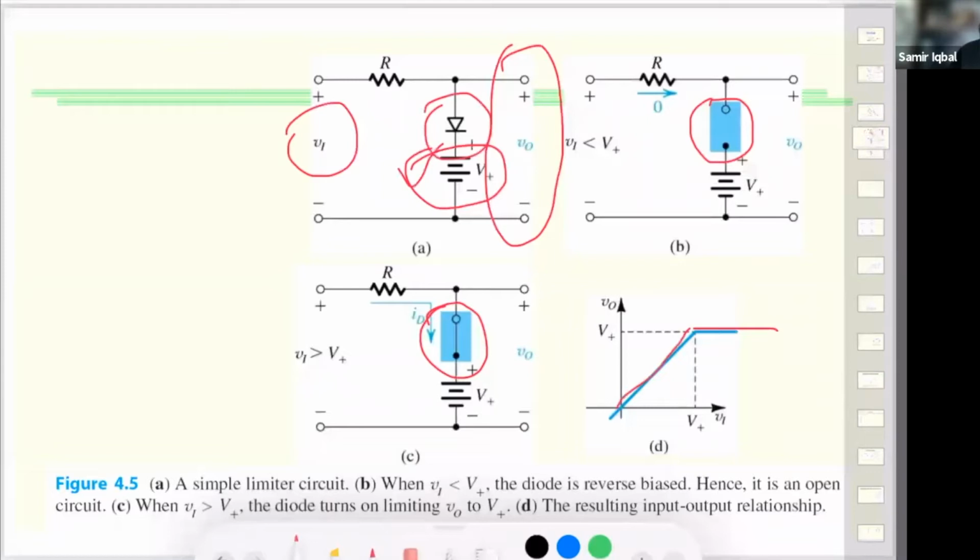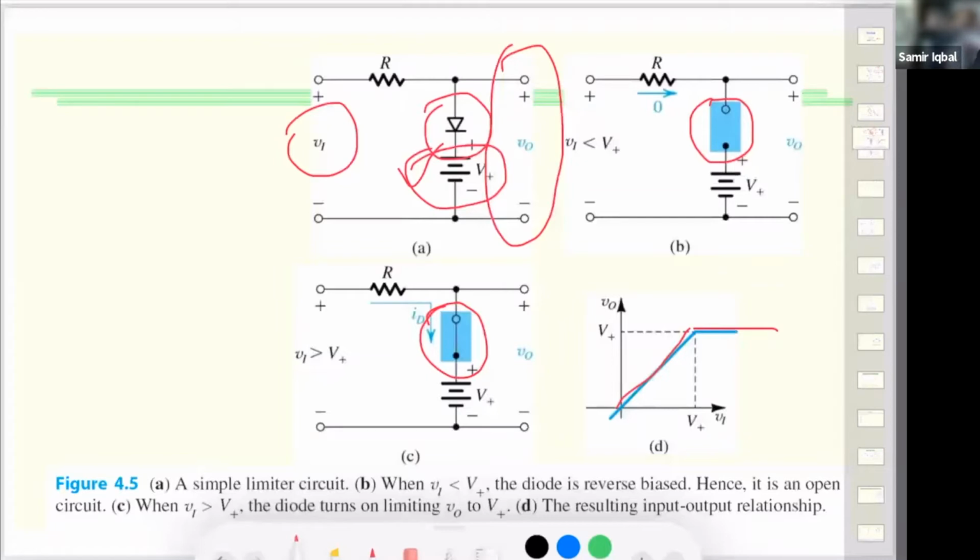So that's the use of a diode as a power limiting system. The simple output and input relationship, we draw as voltage versus voltage. The reason is that it tells us the characteristics, like before for an amplifier, what kind of input will result in what kind of output, especially when the signal is sinusoidal.